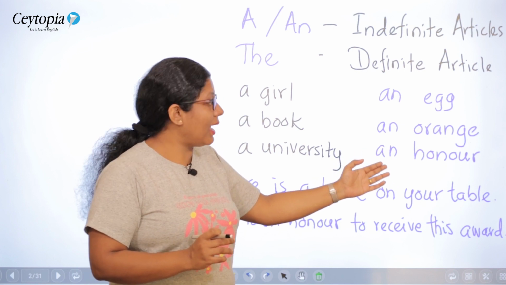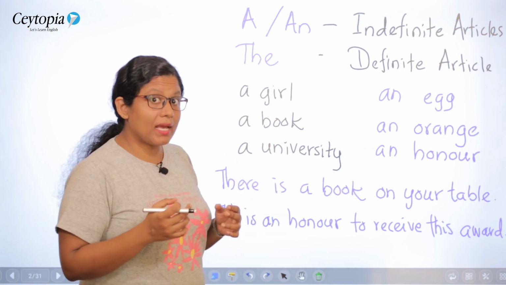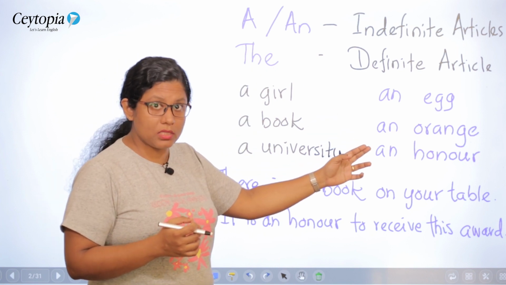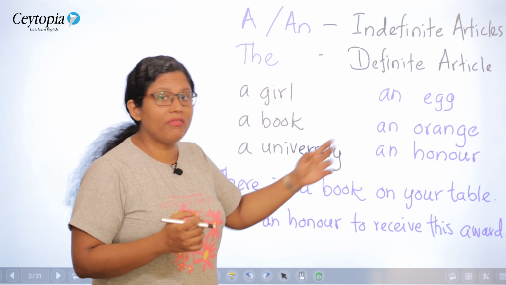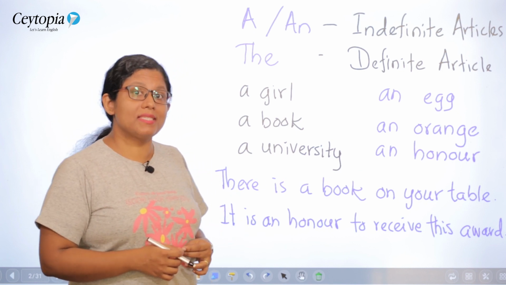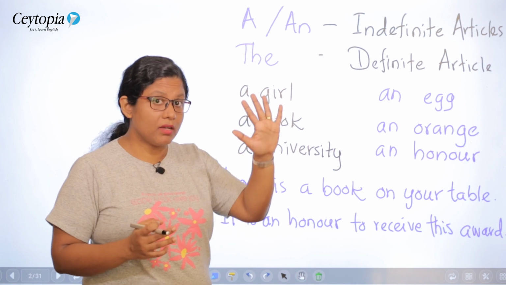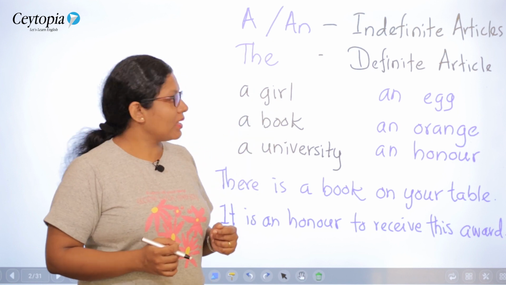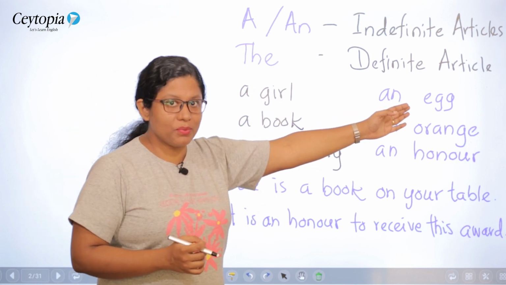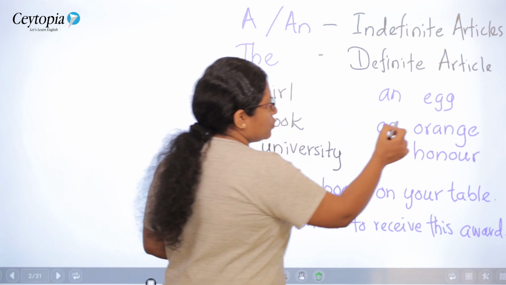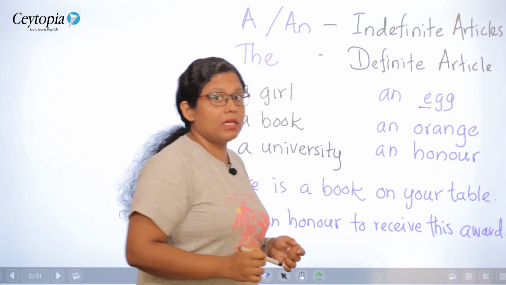For example, an honor. We use an with all the singular nouns that start with a vowel sound. What are the vowel sounds? A, E, I, O, U. In English, we have 5 vowel sounds. As in these examples, an egg. The noun egg starts with a vowel sound.